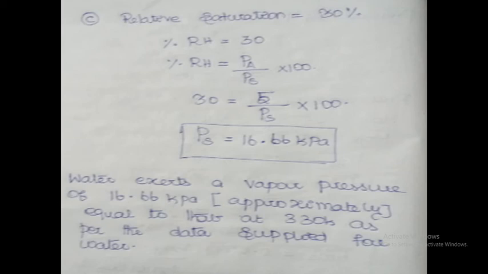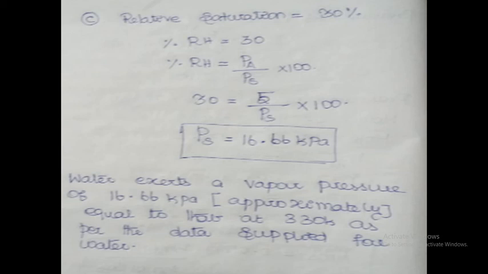Last division, temperature. What is the temperature to which the mixture is heated? That is the mixture heating temperature we want to calculate when the relative saturation is equal to 30%. Relative saturation is nothing but percentage RH. Percentage RH is equal to PA by PS into 100. So for this case, what is the vapor pressure we are going to calculate?